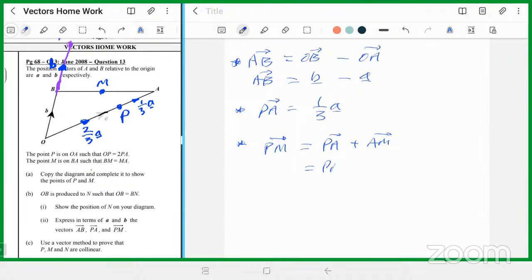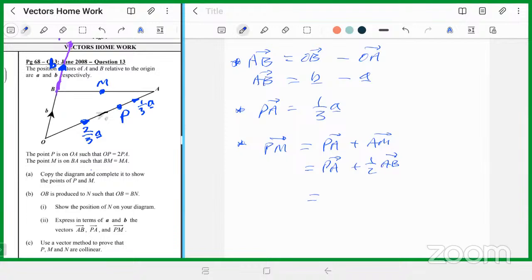So we have PA, and the AM right here is clearly half of the AB, where the AB is what we just worked out up here, and the PA is what we just worked out here. So as your question is set up, these first two things we use to find this third thing. That's how the questions are always set out.